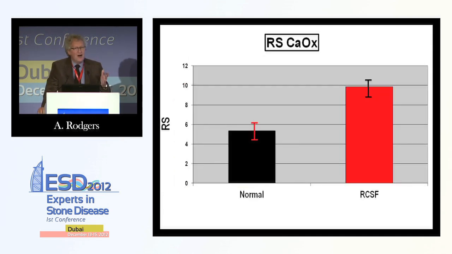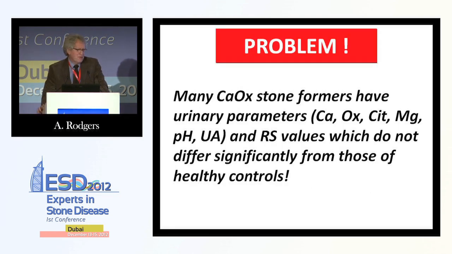And what we find in many studies, but certainly not all, is that the relative saturation in the recurrent stone former, or indeed the stone former, is higher than that in normal individuals. But here's the problem. Many stone formers have parameters that are not abnormal.